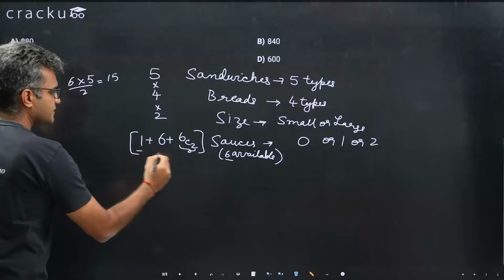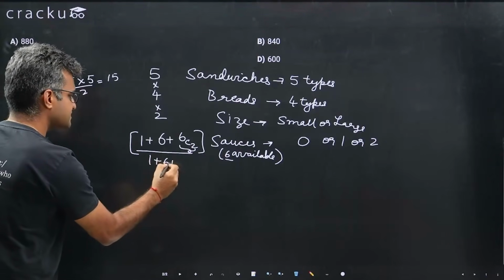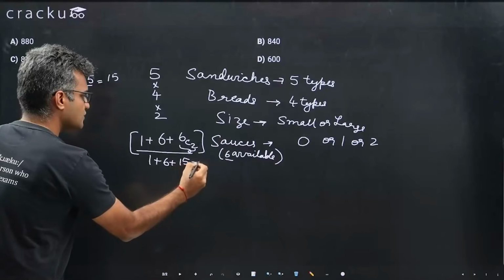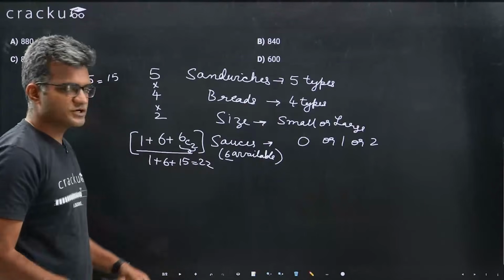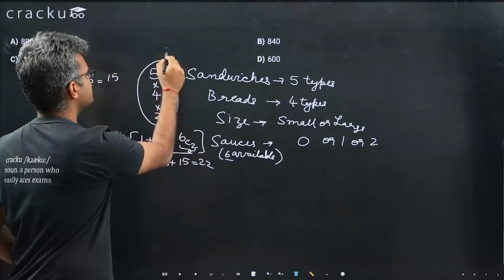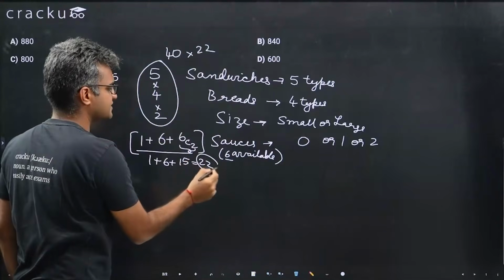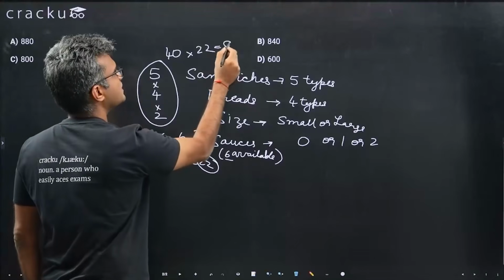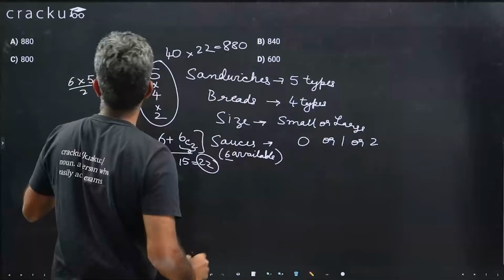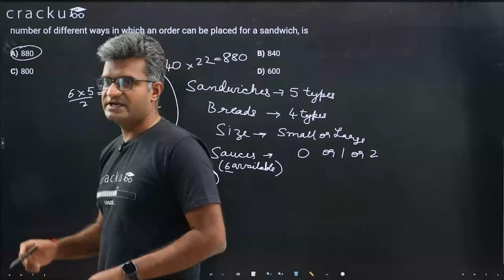So the sauces can be selected in 1 plus 6 plus 15, which is equal to 22 ways. So the total possibility will be 5 into 4 into 2, which is 40, into 22. This will come to equal 880. So the answer for this particular question is option A, which is 880.